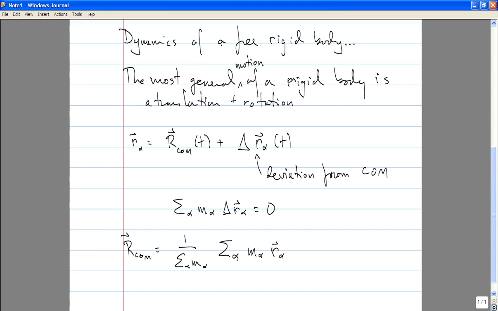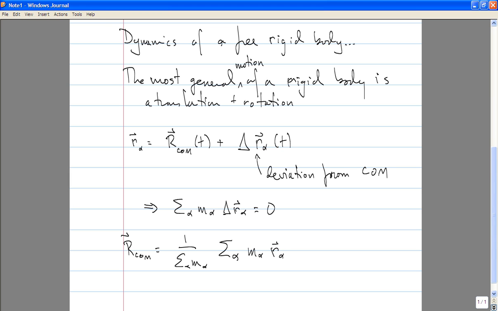So if you plug this in to the formula for r alpha and you sum over m alpha and divide the whole expression by the sum over m alpha, you'll see that the sum over alpha, m alpha, delta r alpha has to be equal to 0. That's the definition of the center of mass.